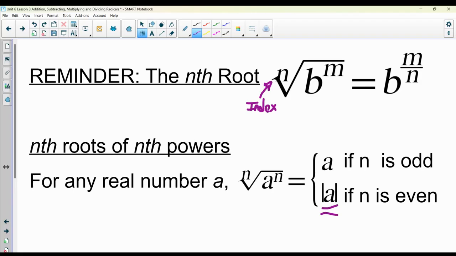Because if we end up having absolute value bars, that means that value is always positive. Another vocabulary term, the inside stuff, is called the radicand. We will visit that in a few of these examples, but essentially the number in the elbow is considered the index, and all of the information under the radical is called the radicand.